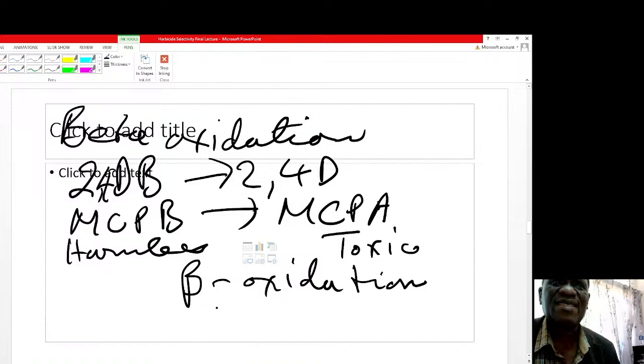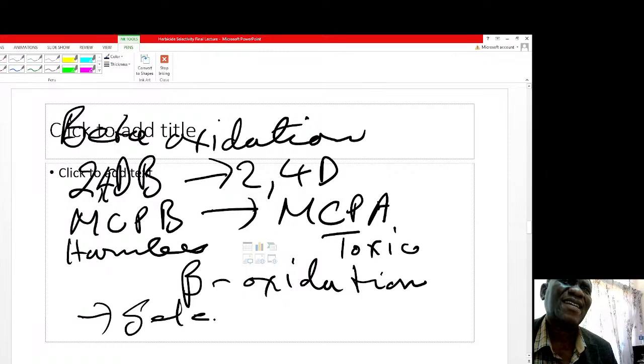So some plants which can carry out beta oxidation and form these toxic forms end up dying. But the plants with a slow process of beta oxidation will survive. This is how sometimes selectivity is achieved.